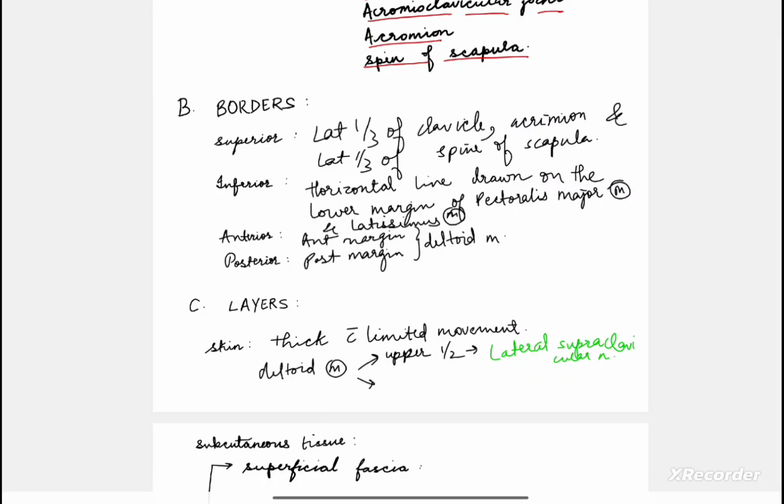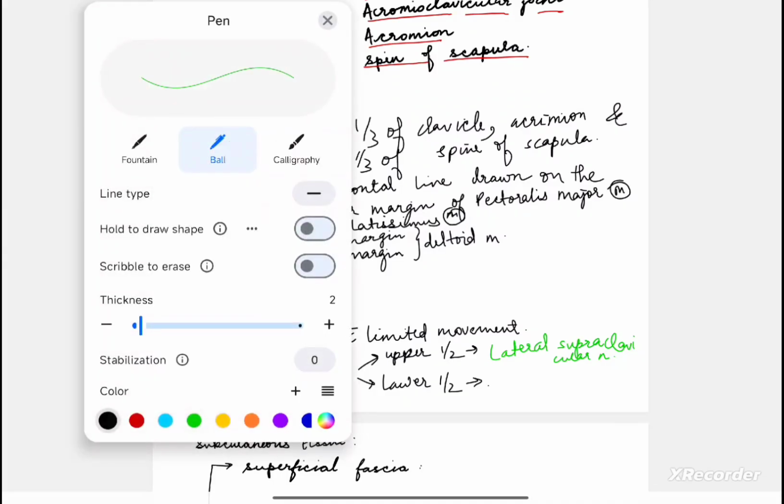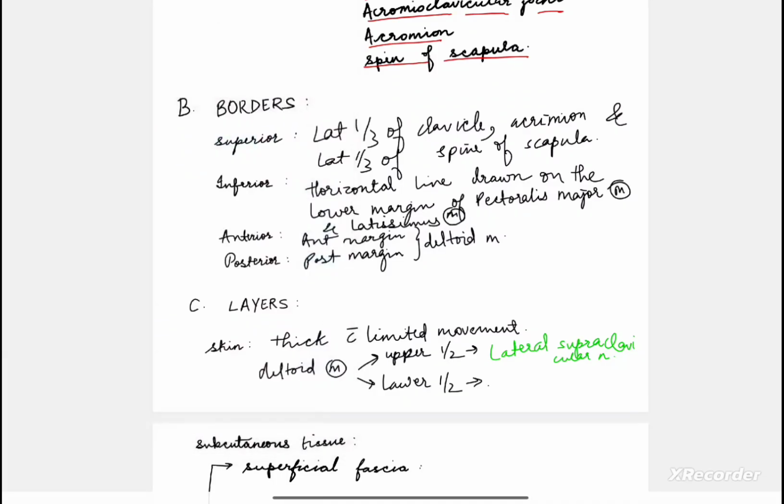And the lower half of the muscle is supplied by the superior lateral branch of the cutaneous nerve.